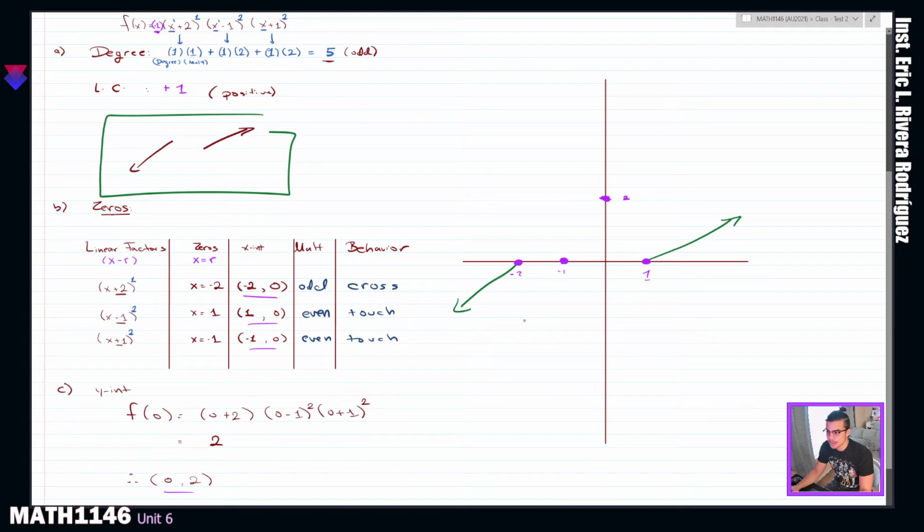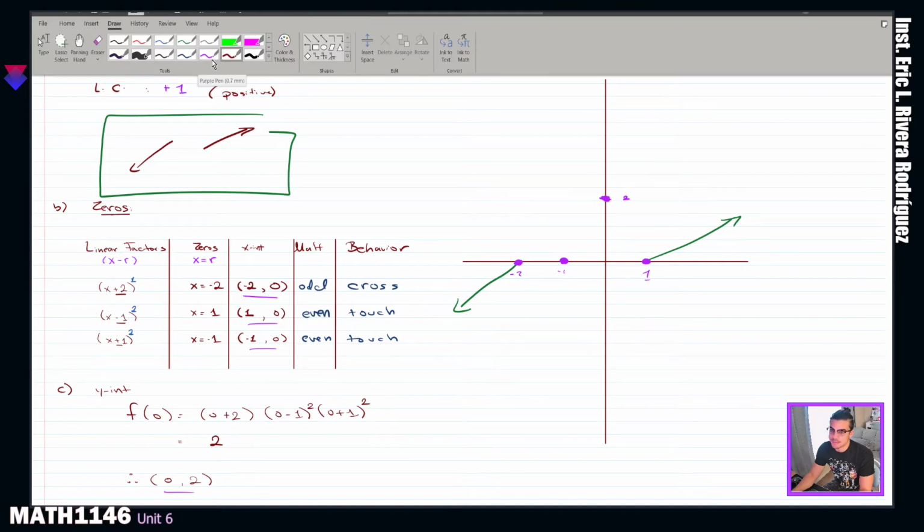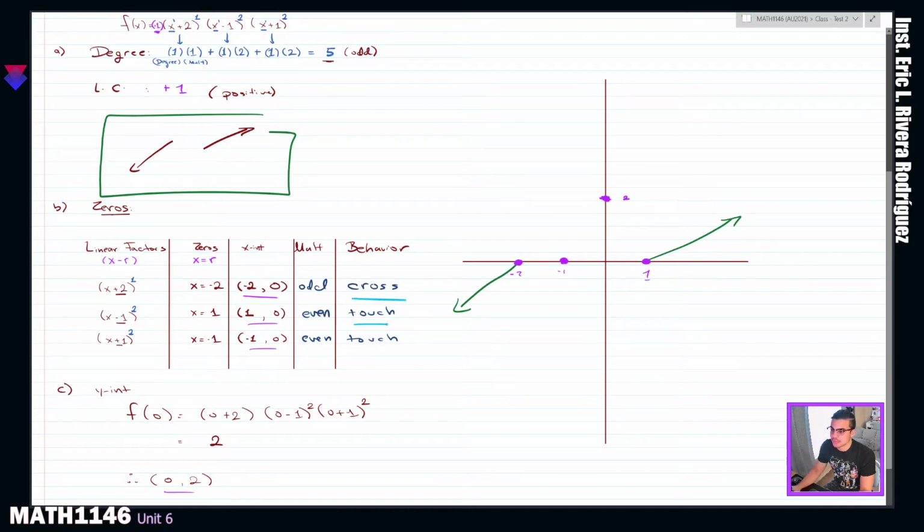Now, from the behavior of the x-intercepts, we know that at negative 2 it will cross, and at positive 1 it will touch.